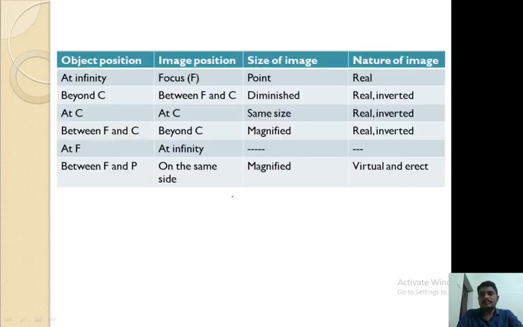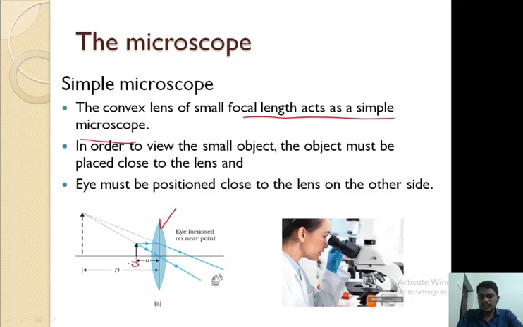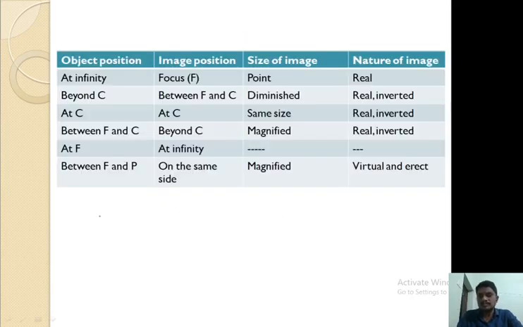Now when the object is close to the lens, we'll get a magnified image of that object. Look at the last row of this table.